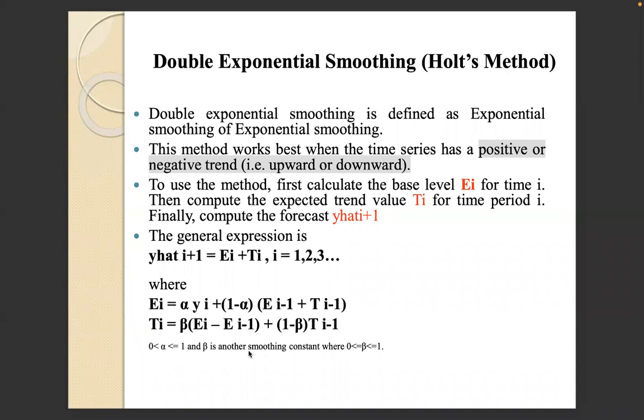Alpha and beta should be between 0 and 1. Then we forecast based on the base value and the trend value.